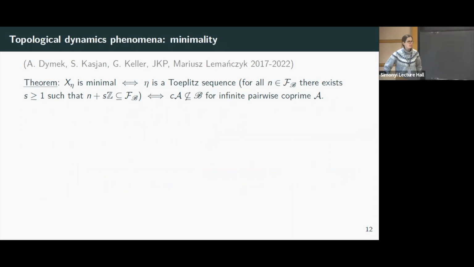So this can happen in this world. On one side, we had proximal examples. There are also minimal ones. X_eta is minimal if and only if eta is a Toeplitz sequence. This means that if I look at my eta, if I pick any position I want, I will see that it is repeated along an arithmetic progression with some difference.